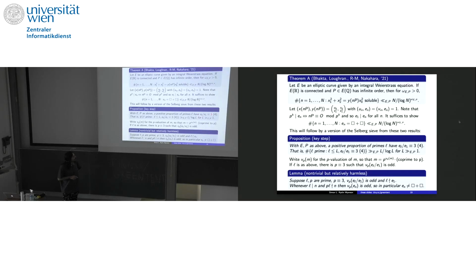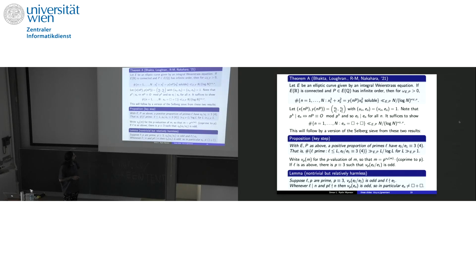So I've divided by E1, which I'm allowed to do by what I said just now. One can imagine why this might be useful, because we want to show that EL isn't a sum of squares. So we want to find a maximal prime power divisor of EL which is congruent to 3 mod 4. This seems like a reasonable thing to ask for.